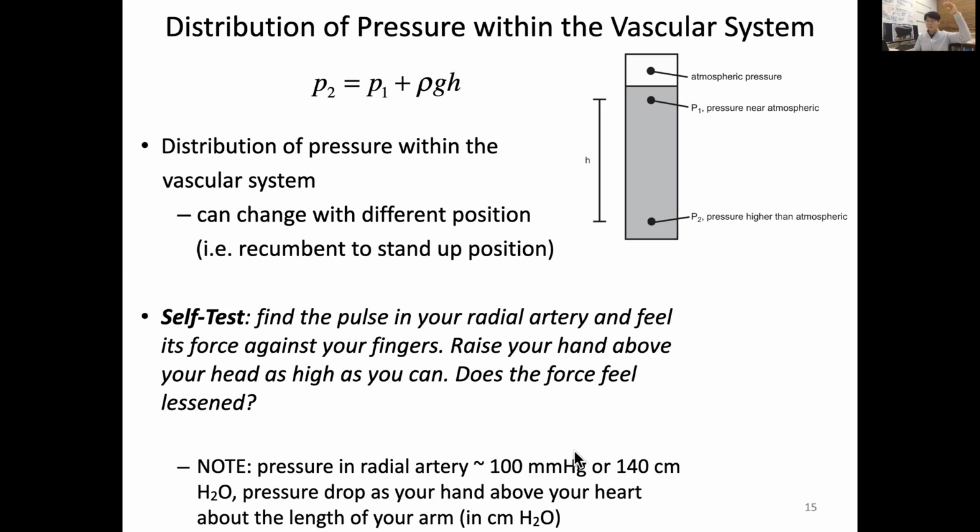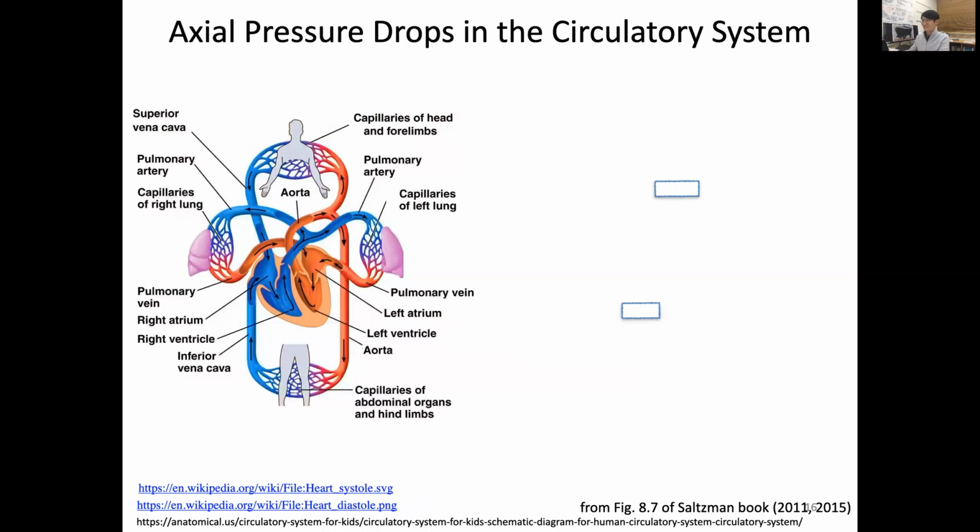So it can be a big change, and you may feel it through this self-test. This is your radial artery. Let's come back to review the actual pressure drop in our circulatory system.